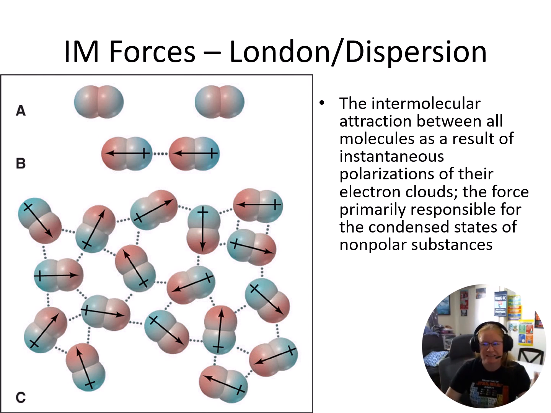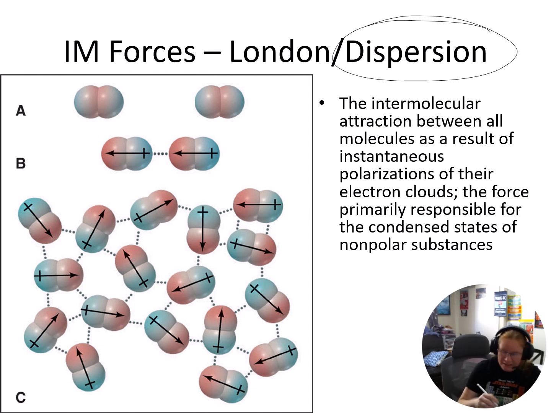So I have London/dispersion on here because London forces are the old classic name for this, but dispersion is the better name because dispersion really describes what we're actually seeing here. This type of force is in everything, okay? In all substances. Okay, so these dispersion forces are in everything.